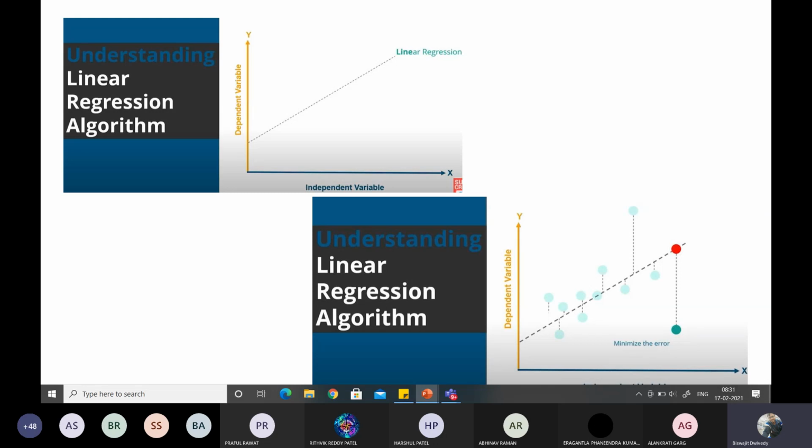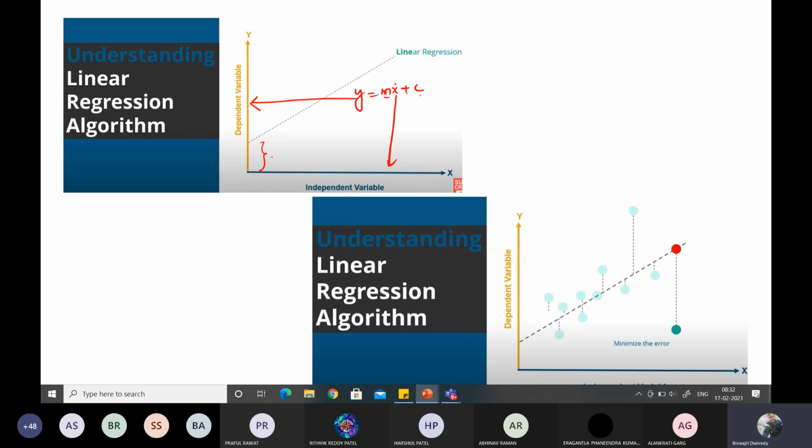As I have already told you, in your linear regression model, we'll be trying to find the equation of a straight line based upon some given training samples. Whenever we are going to draw a straight line, the basic equation is y = mx + c. Here x is your independent variable, as written on this axis, and y is your dependent variable. m is the slope of that line, and c is the y-intercept.